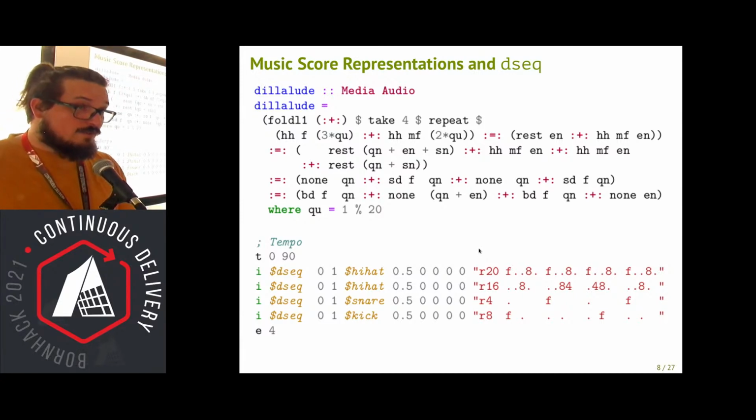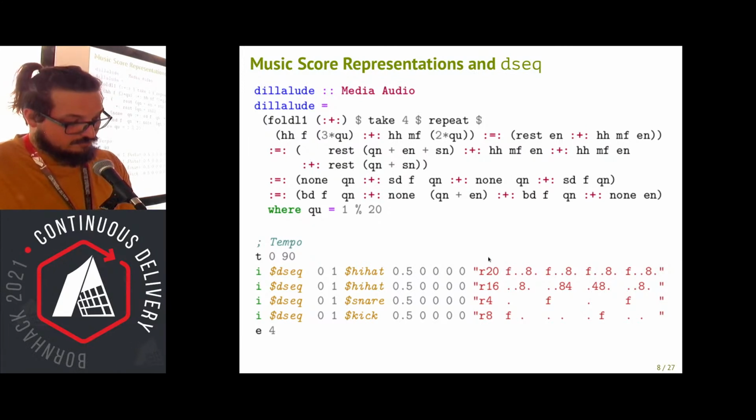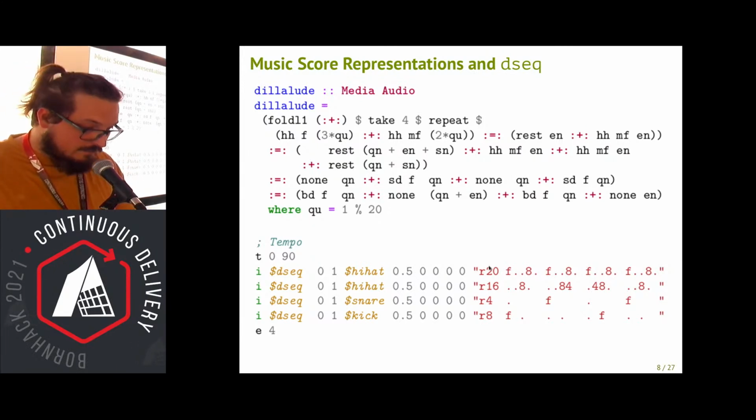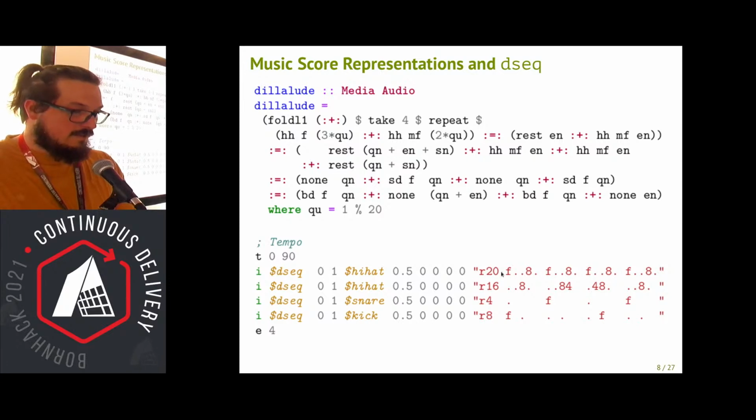And then it takes a string, which represents the events that it has to produce. The first part is the one that defines the subdivision, and here I have typed in the transformed 8 notes in a 20 grid by writing R20 out here.